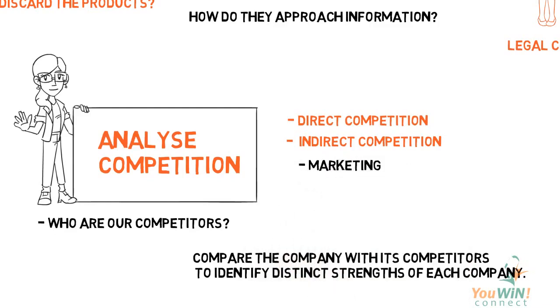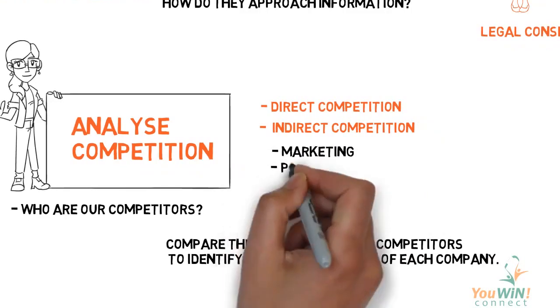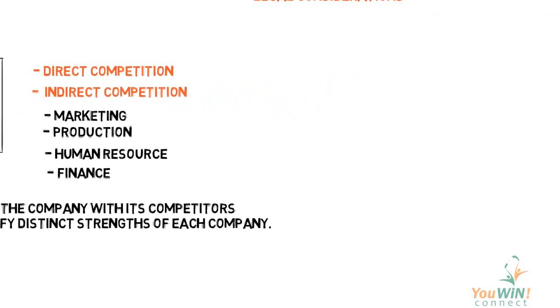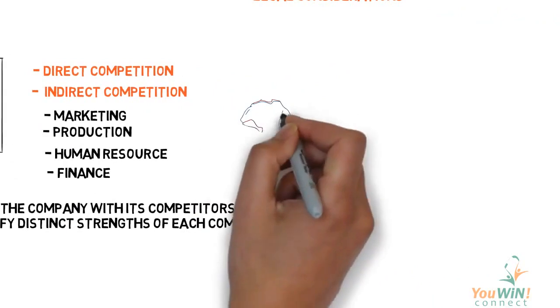One, in marketing. How do they distribute their products? What's the pricing? How do they communicate? In production, do they have better equipment than we have? In human resource, are their people better motivated than we are? In financing, do they have better access to finance or capital than we have?